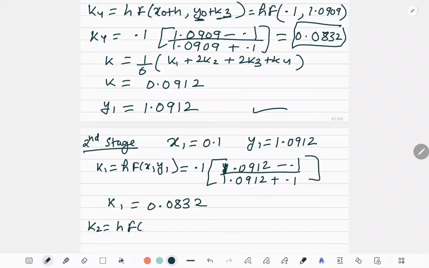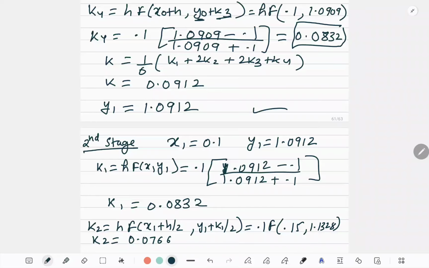Now go to K2. K2 is h f of x1 plus h by 2, comma y1 plus k1 by 2. So which is equal to 0.1 f of x1, which is 0.1, plus h by 2, which is 0.05. So 0.1 plus 0.05 becomes 0.15. Similarly 1.1328 here. So your K2 value will be equal to 0.0766.